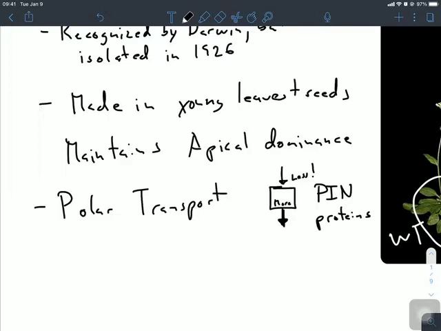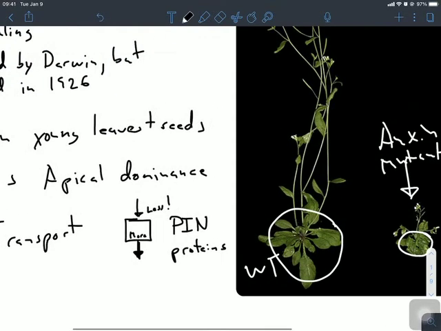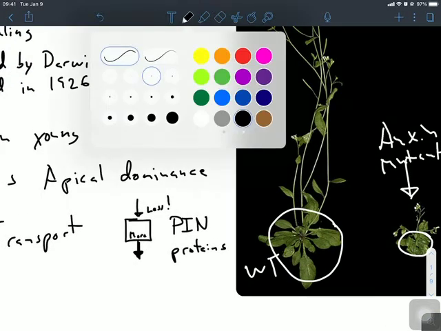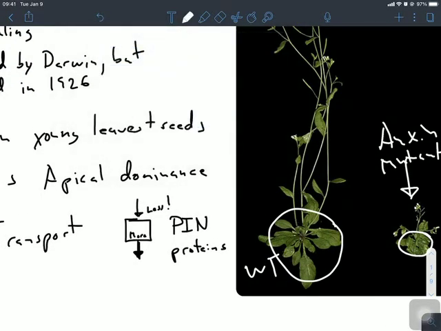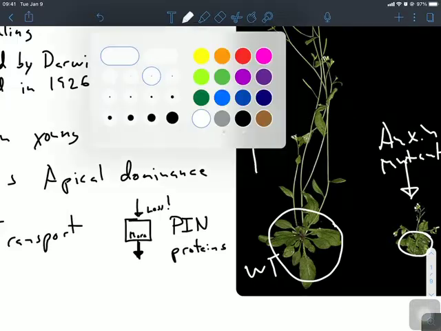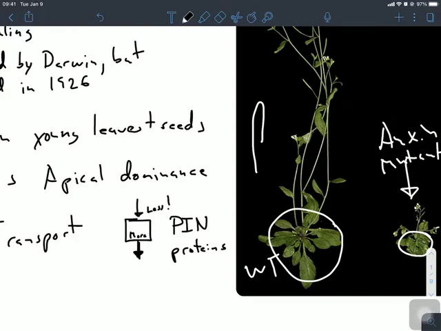Now, PIN proteins don't actually stand for anything. The PIN is not an acronym here. It has to do with the phenotype of the plant. Their flowers were very messed up when we mutated the PIN proteins. They formed a pin shape. So they were given the name PIN-FORMED.